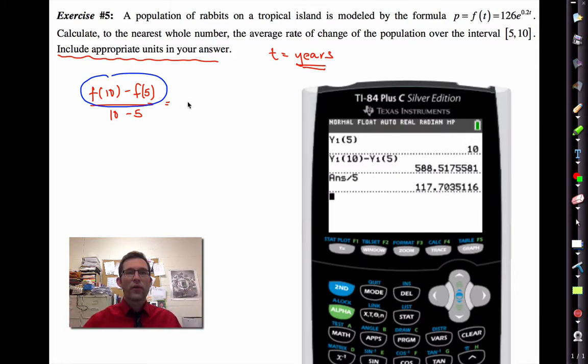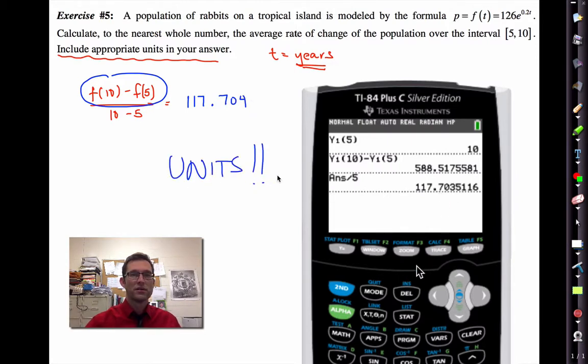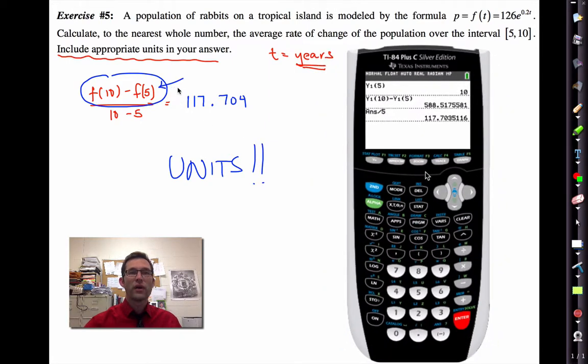Now, remember, I round to 3 decimal place accuracy, so that's 117.704. And let's talk about units. Units are important. The units of the numerator are the change in population, and that population was in rabbits. The change in the denominator was in changes in hours.